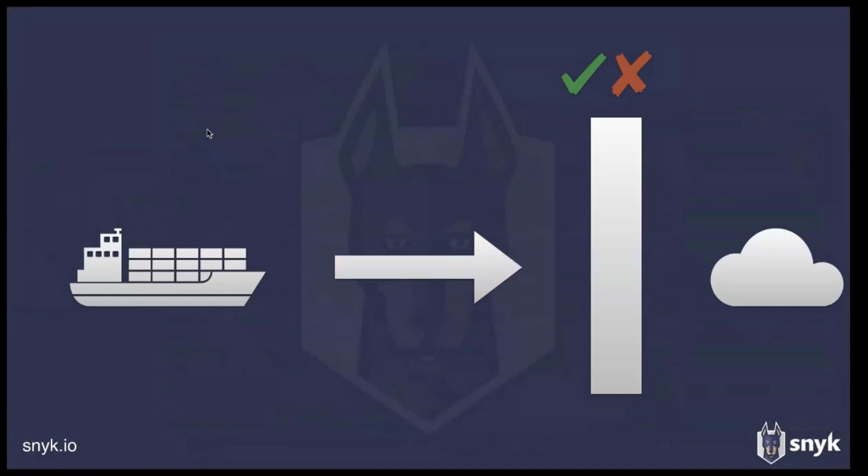So you can either let that image be deployed, or you can reject it if certain types of vulnerabilities are found. So the image has to pass through this gate and get evaluated before it's allowed to deploy. All right. And we're going to see the whole process, and it's actually pretty easy and pretty fast.